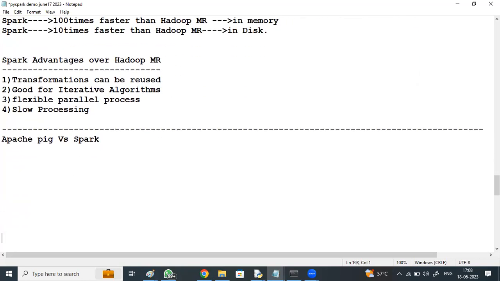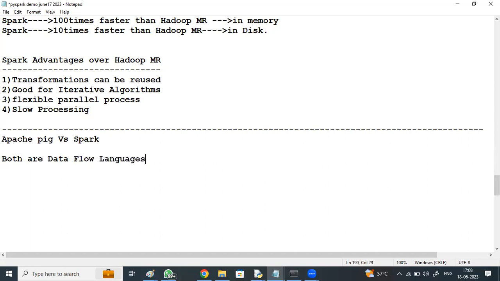Apache Pig and Spark, both have commonalities. Both are data flow languages.